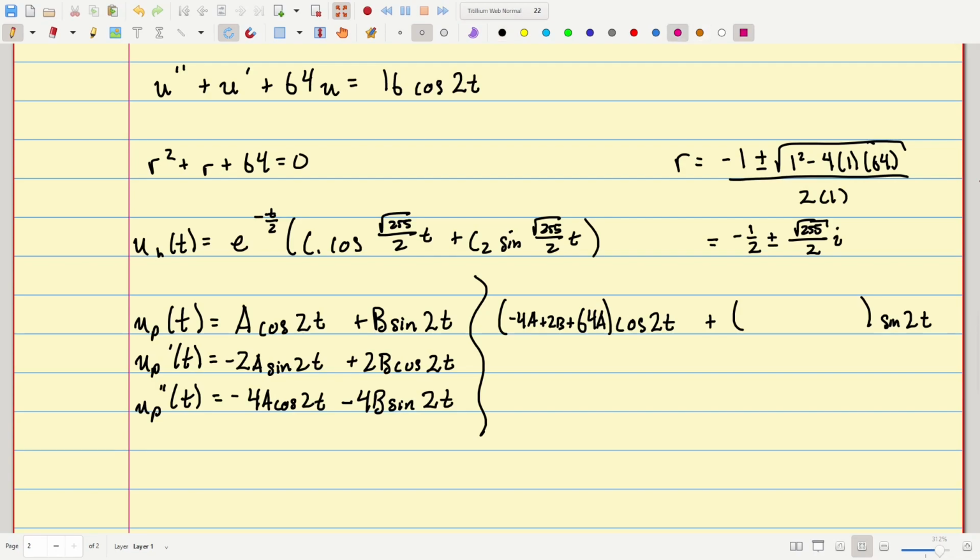All right. Similarly, 64 copies of B for sine, negative 2 copies of A, and negative 4 copies of B. Okay, so that is (60A plus 2B) times cosine 2t plus (negative 2A plus 60B) sine 2t.